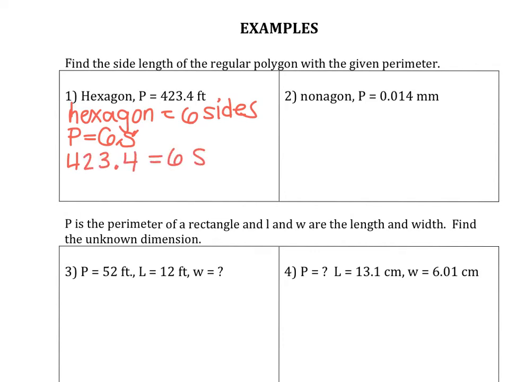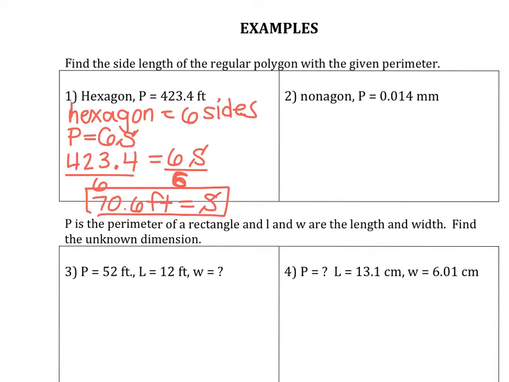So we can now plug that in and go ahead and solve for our sides. So we're going to divide by 6. 423.4 divided by 6 is 70.6 feet. That's what each side is, 70.6 feet.